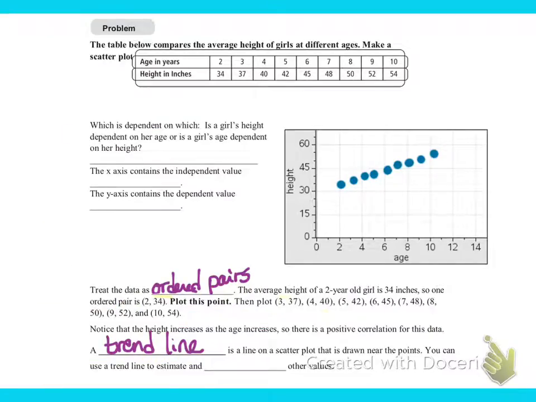Which is dependent on which in this situation? Is a girl's height dependent on her age, or is a girl's age dependent on her height? Well, hopefully a girl's height is dependent on age.